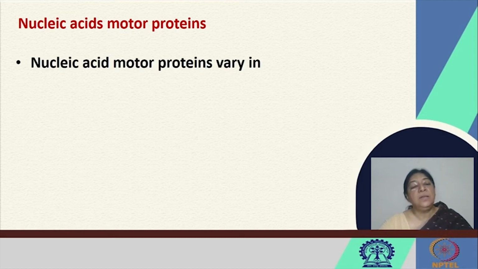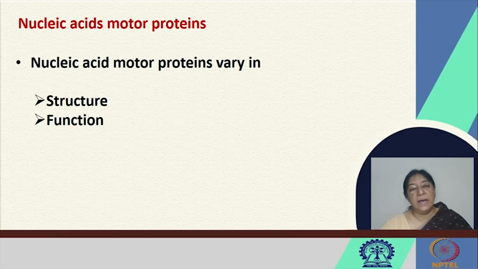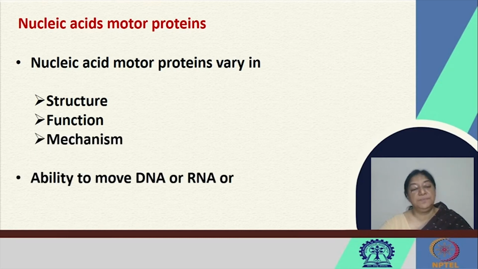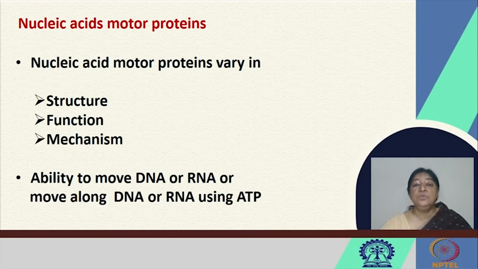Now, when we look at nucleic acid motor proteins, we know that they vary in their structure, their function, and their mode of action or mechanism. They have the ability to move DNA or RNA, or they could also move along DNA or RNA.